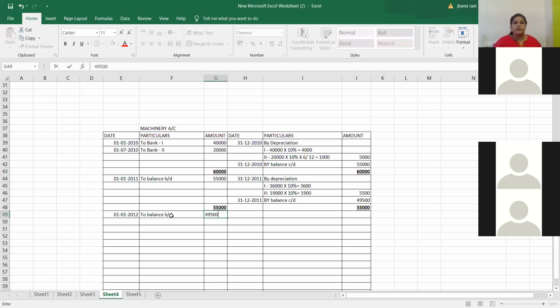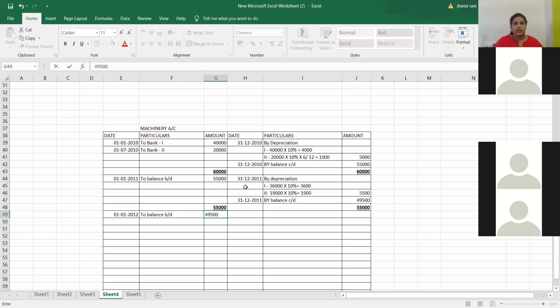Because in this year we are selling the first machine. You can see in the question it is mentioned on 1st October 2012. If there was no purchase, no sale, we would have gone directly to depreciation, similarly to what we did in 2011. But now we cannot, because depreciation we calculate at the year ending.